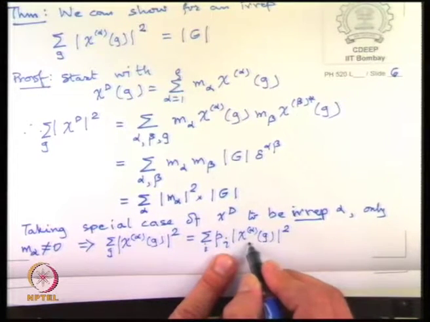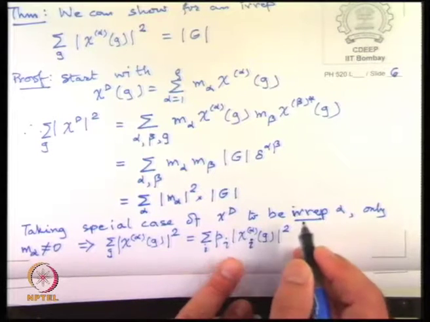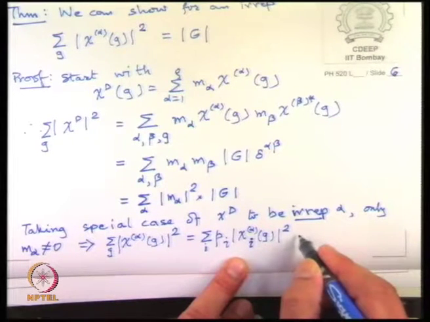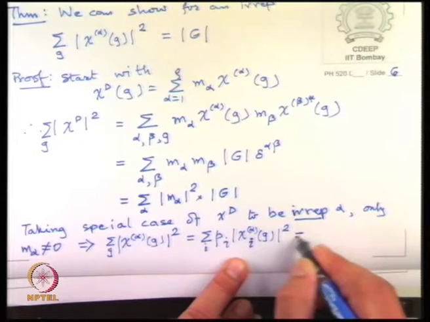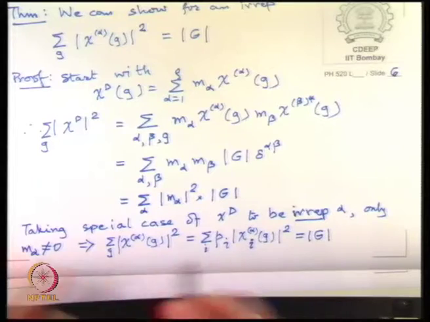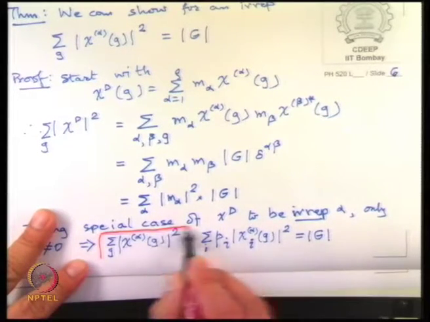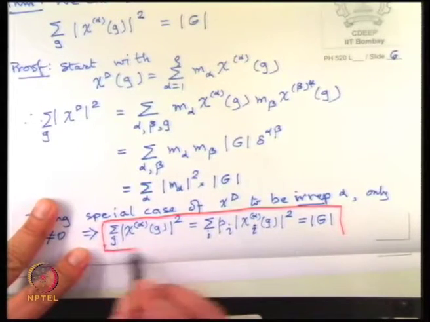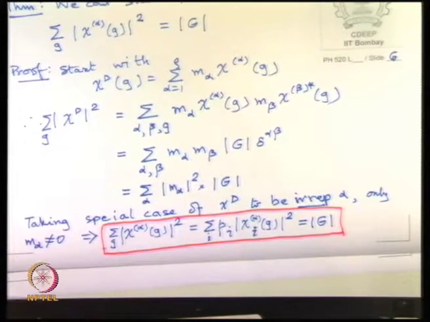Chi alpha I squared equal to G. So those are all very interesting restrictions, because eventually you want to know all these characters for any representation, because you can analyze the small vibrational modes of a molecule by its symmetry group.